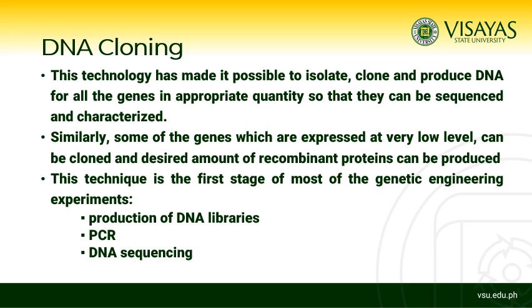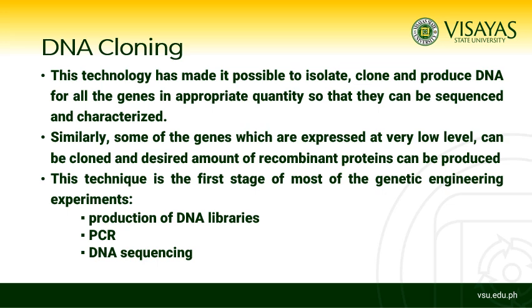So in natural conditions, these genes might be very difficult to detect or analyze because they do not produce that large amount of material that it needs to produce. But through this cloning, we can now amplify these genes and we can generate the specific amount of the recombinant proteins that we need for our studies or our further applications.